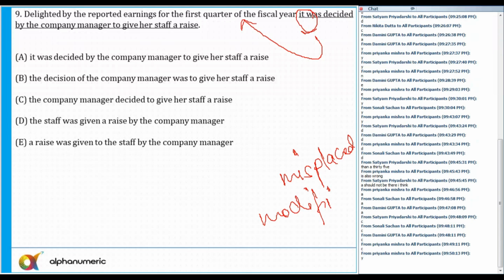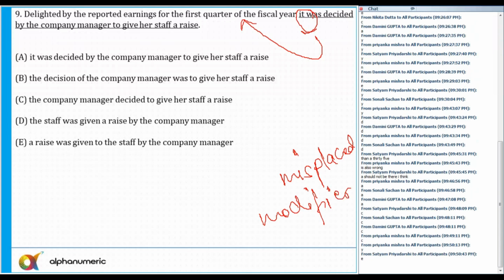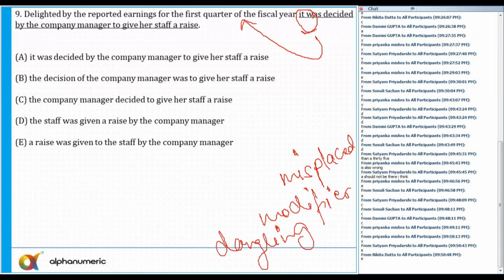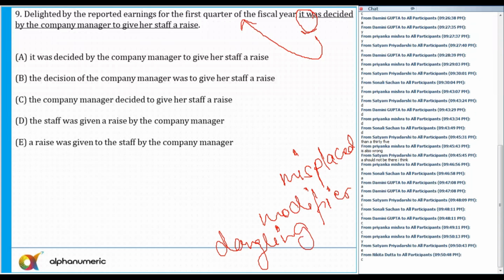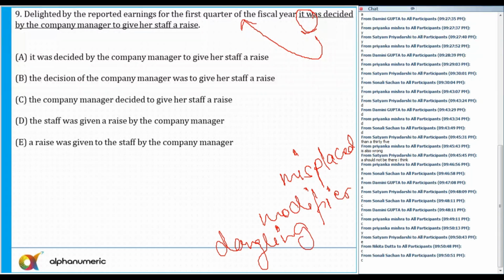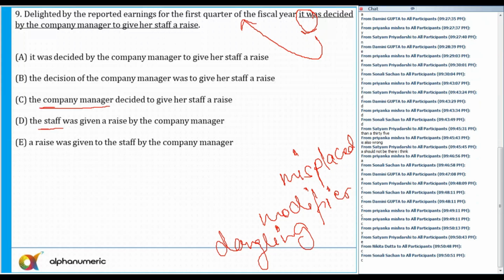In fact, it can be a dangling modifier also, because the person who is delighted is not mentioned here. The person who is delighted is actually the company manager and not the staff. That is why answer is C.